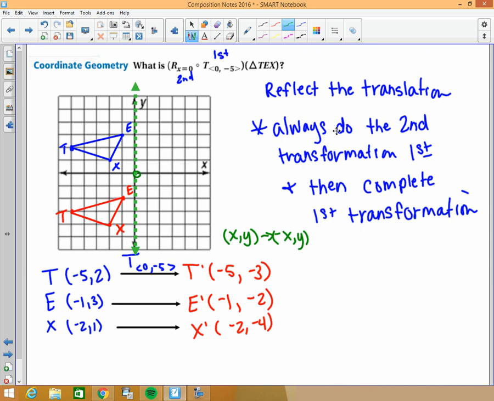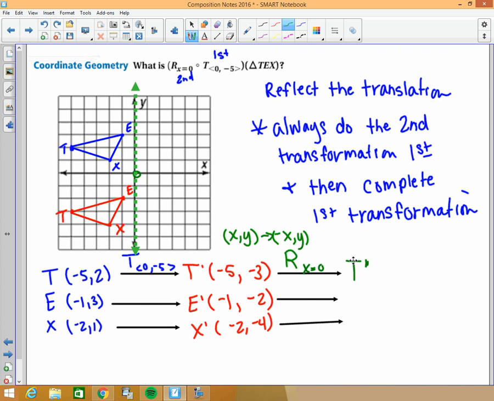So I go back, not to the original points, but to these points that I just created. Okay, and we'll see what happens if I reflect these points over. Remember, reflection is capital R, so reflect over y equals 0. Oh, and I wrote it wrong. Just kidding. We're reflecting over x equals 0. Now we got it right.